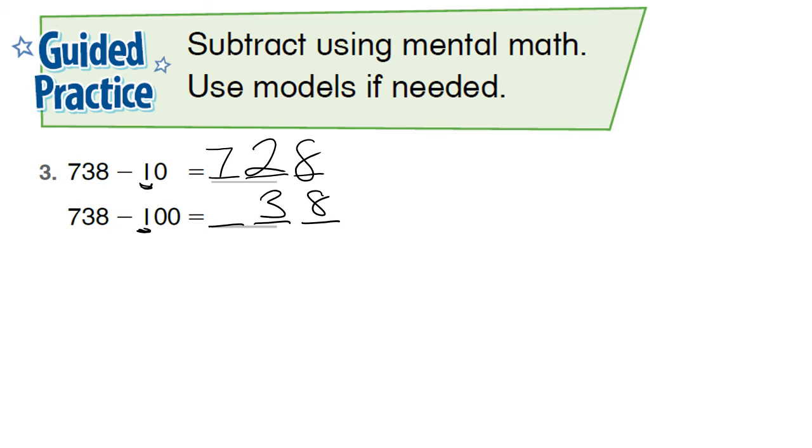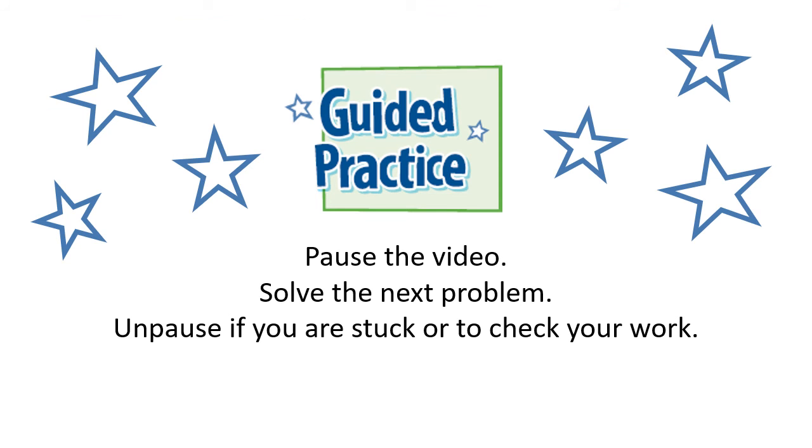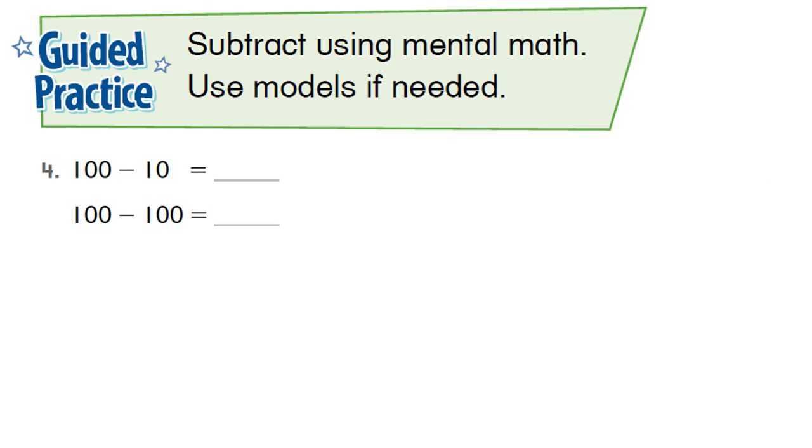So 7 minus 1, or 700 minus 100, is 600. So 738 minus 100 equals 638. Pause the video, solve the next problem, unpause if you are stuck, or to check your work.